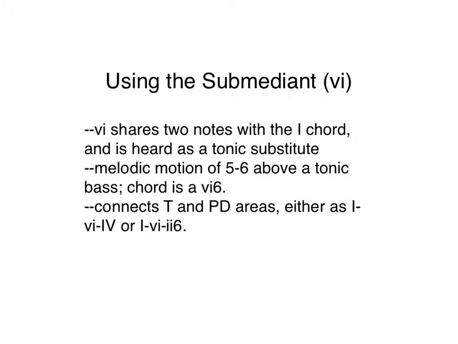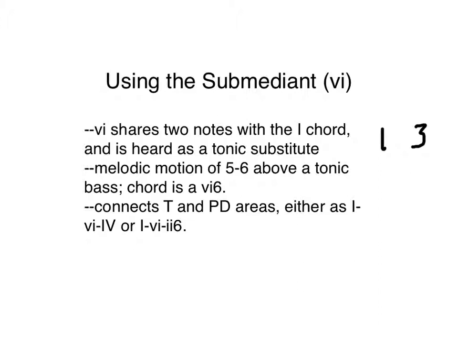Okay, now for something new. We could also use the submediant, or a 6 chord. For the 6 chord, it shares 2 notes with the tonic chord, in particular scale degrees 1 and 3. And therefore the 6 chord can sometimes be heard as a tonic substitute. A few ways that we can do this.